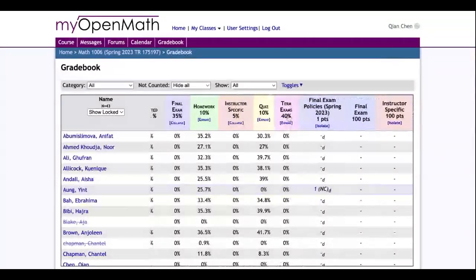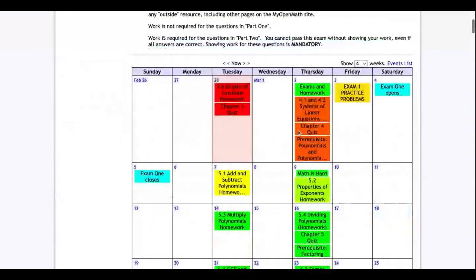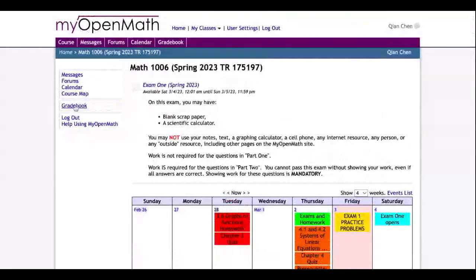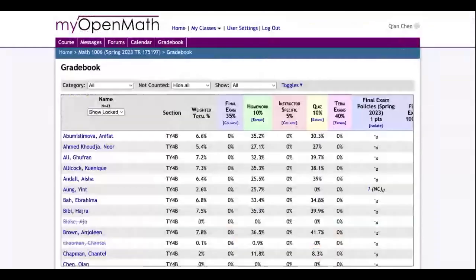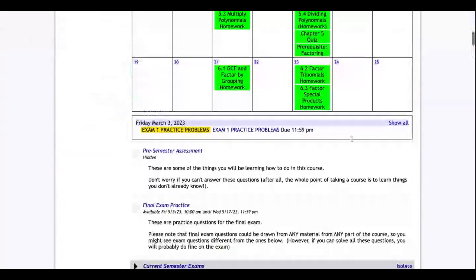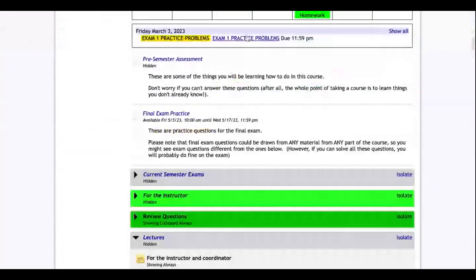Homework, term exams, final exams, final exam policies. It doesn't matter if it's going to be graded, right? It'll be always good for you to practice because you want to get ready for your exam, right? So yeah, please practice, all right?